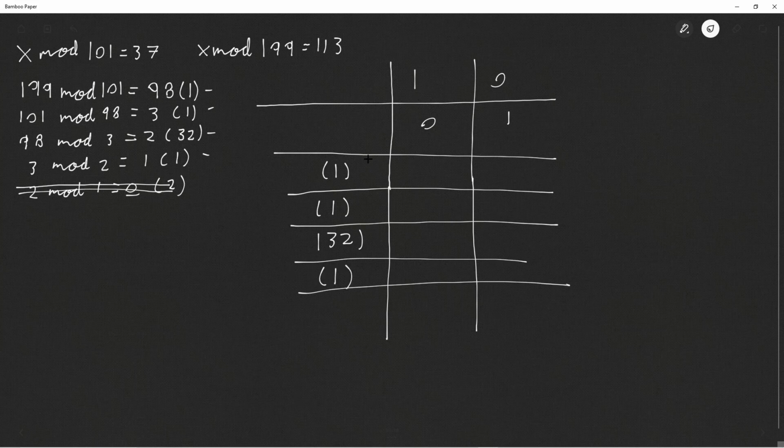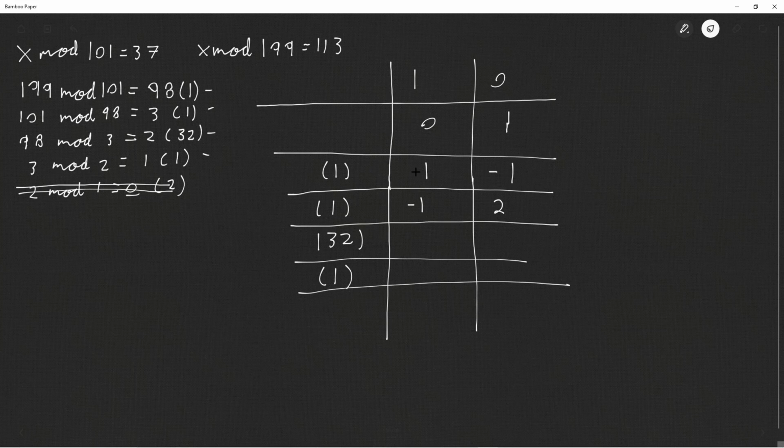So 1 minus 0 multiplied by 1 is just 1, and then 0 minus 1 times 1 is negative 1. And then we get 0 minus 1 times 1, which is just negative 1. And this one will be 1 minus 1 times negative 1, which is 1 plus 1, which is 2.